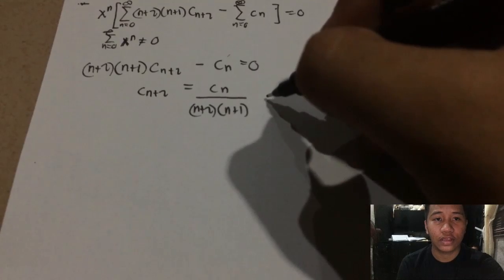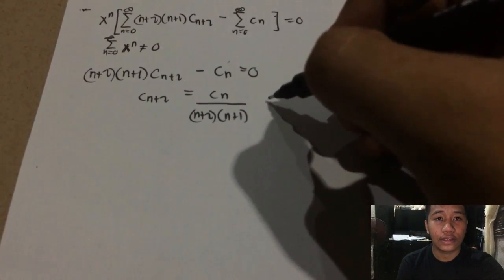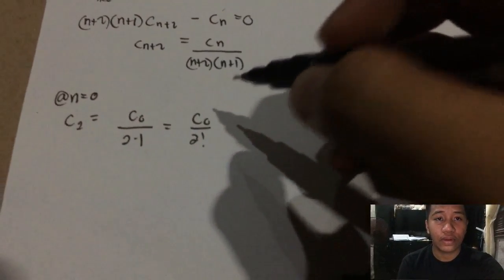So this one is your recursion formula, or recursion relation. At n equal to 0, c sub 2 is equal to c sub 0 over 2 times 1, so c sub 0 over 2 factorial.